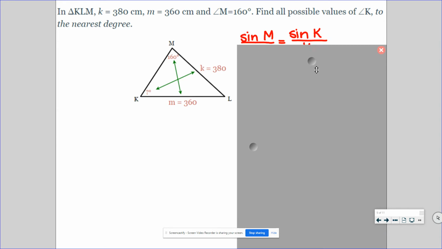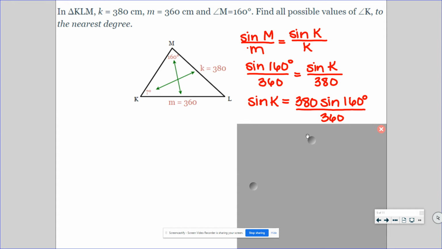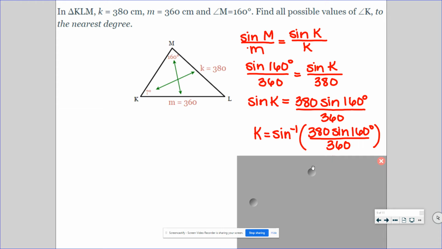Second example, so on this one, I'm looking for angle K. I know M and I know M. So I did sine of M over M equals sine of K over K, which would look like this, 160 over 360. Don't know K, but over 380. Cross multiply and divide by 360. Take the inverse sine of both sides.